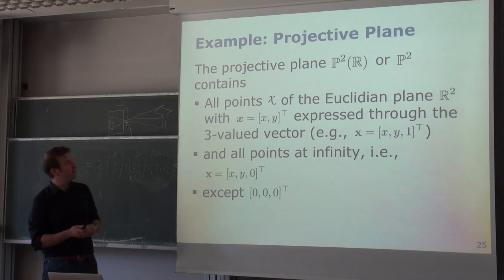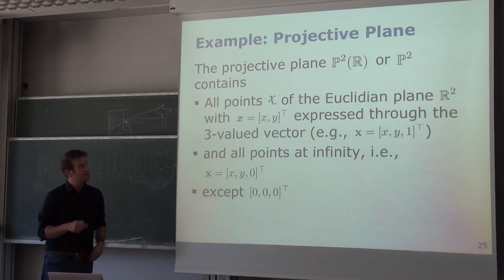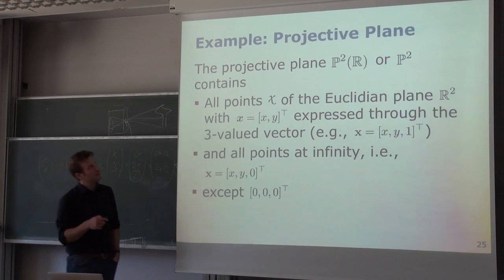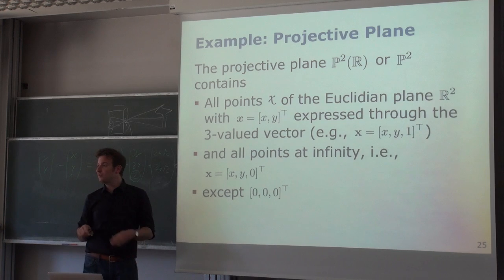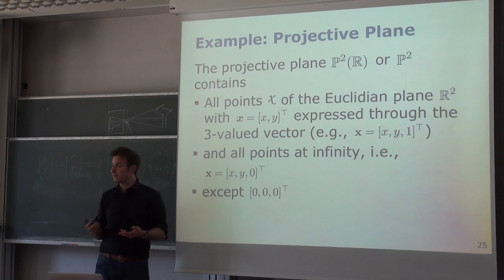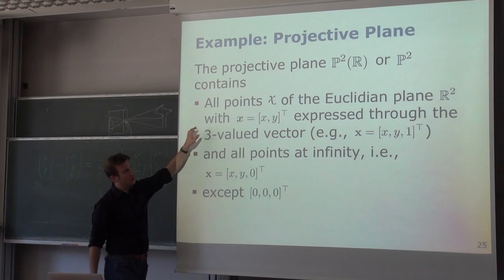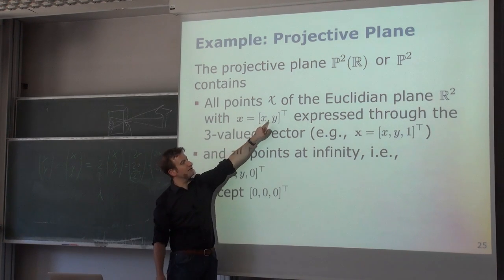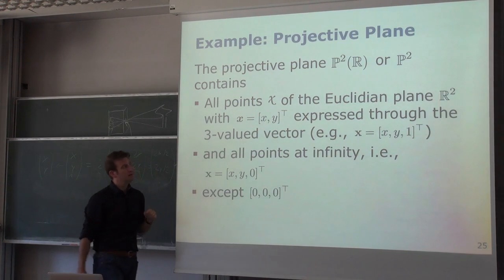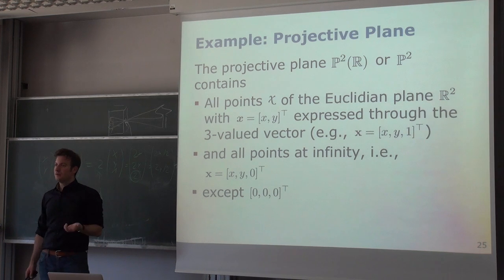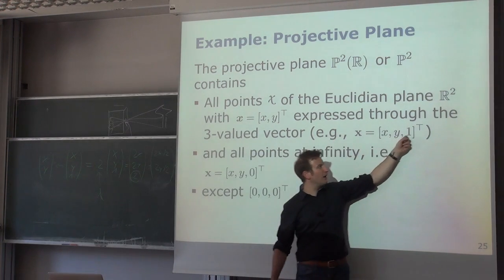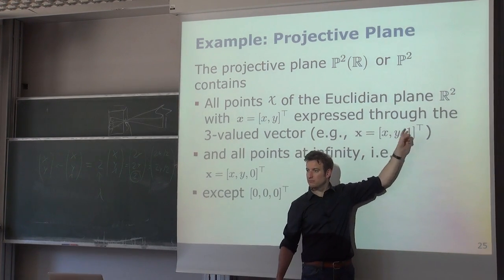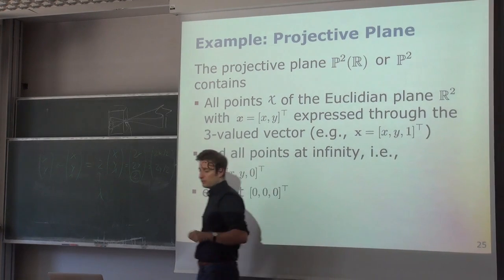So just in this example, if I have points on the projective plane, which is the projective space corresponding to R2. That means all points which are expressed in Euclidean coordinates as x, y. Then what belongs to the projective space? These are all three-valued vectors like x, y, and 1, just as an example. Just add the component.